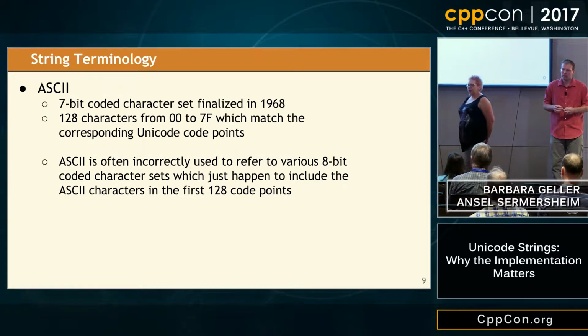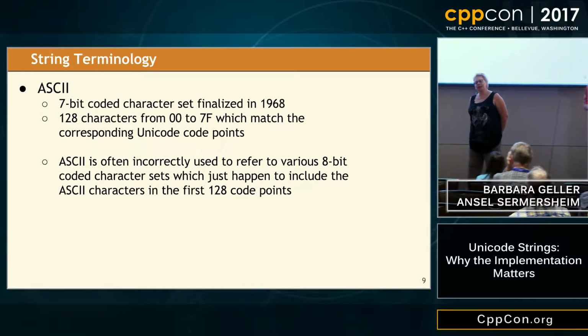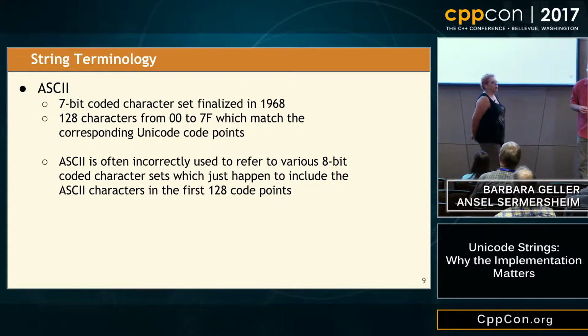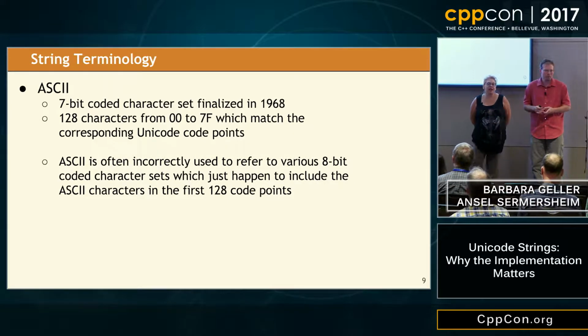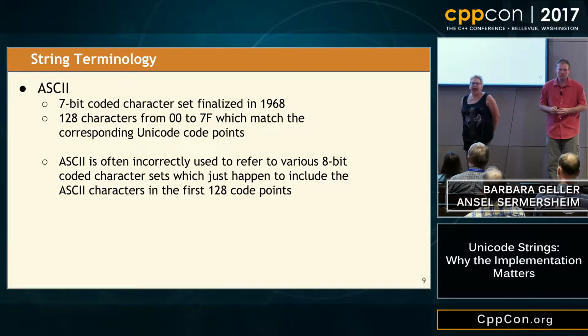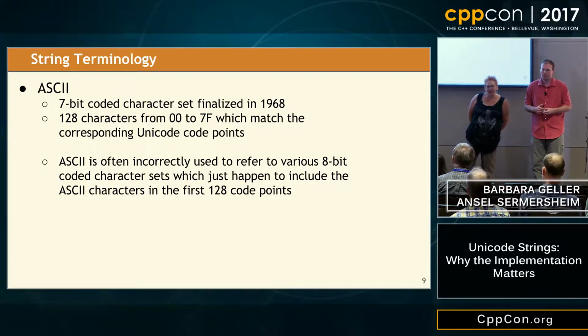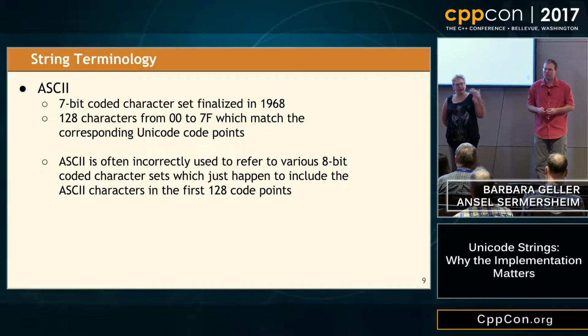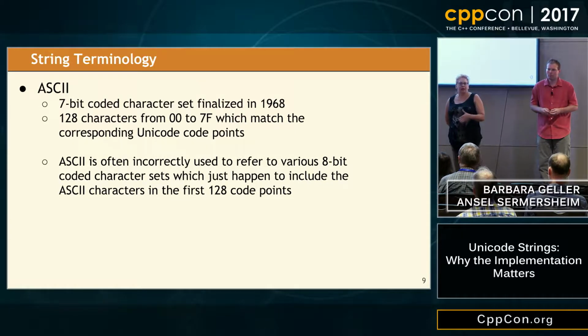ASCII is commonly referred to as 8 bits, but it's not. It is a 7-bit character set. And it's only 7 bits, and this is something that people want to believe. It's Latin 1 that goes into 8 bits.